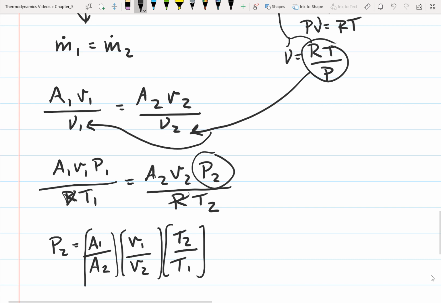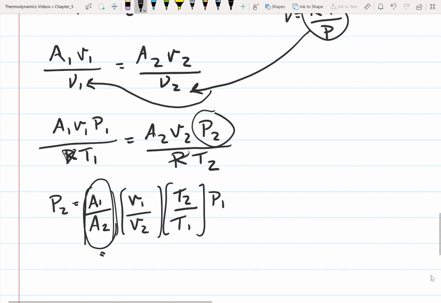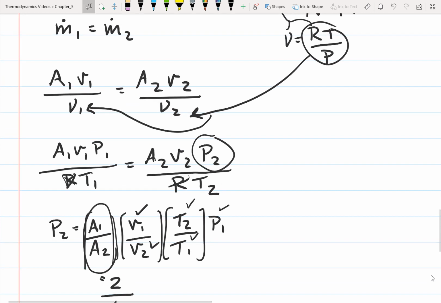And we know that this A1 over A2 is a 2-to-1 ratio, so we know what that is. We know the velocities, we know the temperatures because we're going to solve for the temperature first, like in the first part of the problem, and we know the pressure in. So we have everything we need to solve this equation once we calculate what the temperature is.